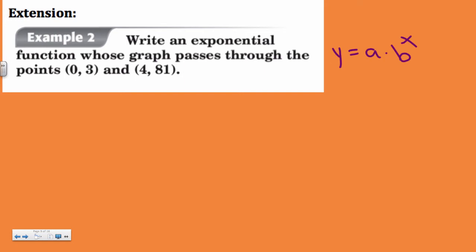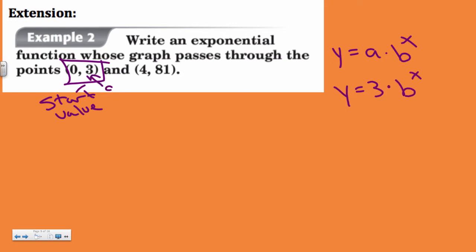The first step in anything is to take that (0, 3). That, again, is my start value. So if you remember from graphing, that start value is going to be my a. So I can actually jump to 3 times b to the x. This is going to be my a.